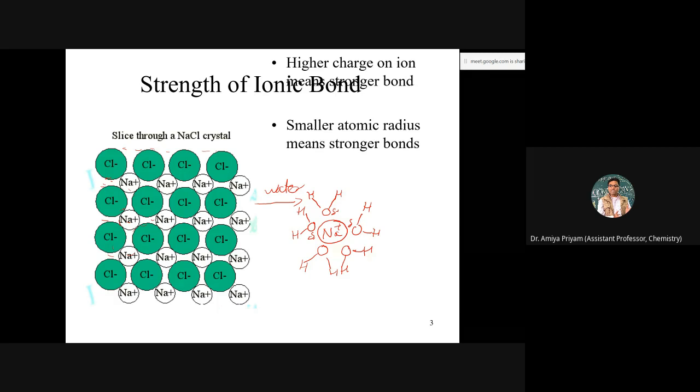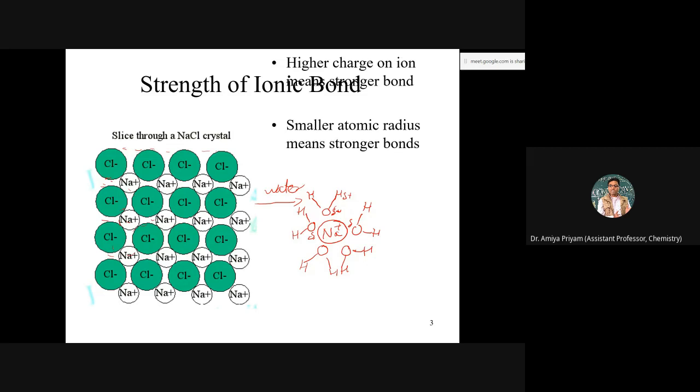So a large number of water molecules surround one Na plus ion, and they surround it in such a way that, if we view water as a dipole having partial negative charge on oxygen and partial positive charge on hydrogen, then the negative end of the dipole will be pointing towards Na plus.